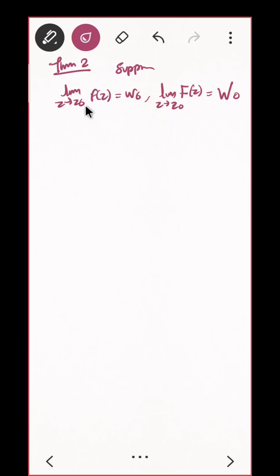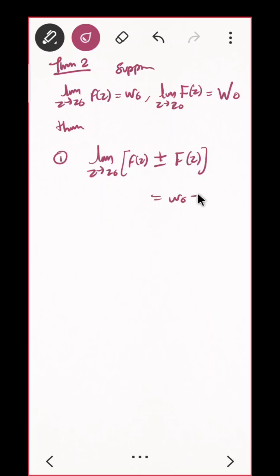Then prove the following. First one, their addition and subtraction, that is limit z tending to z naught, f of z plus minus capital F of z, and that is equal to w naught plus minus capital W naught.